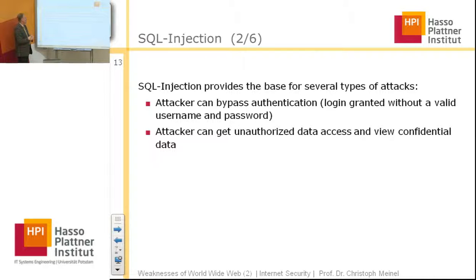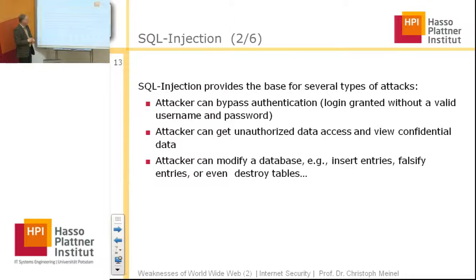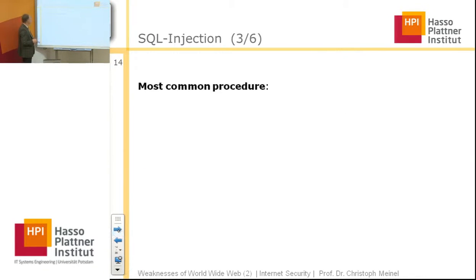There are other types of attacks based on SQL injection: the attacker can get unauthorized data access, the attacker can view confidential data, and the attacker can modify databases, for example insert new entries, or falsify entries, or even destroy tables, and more.